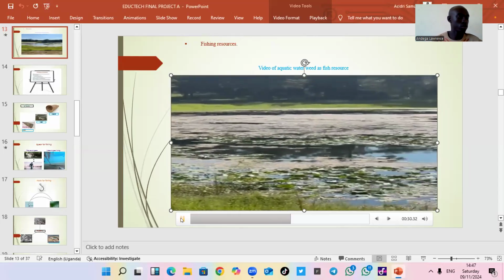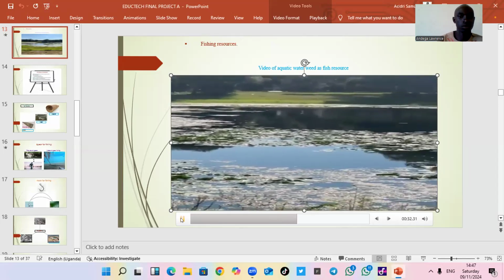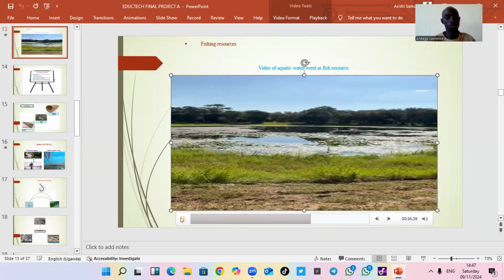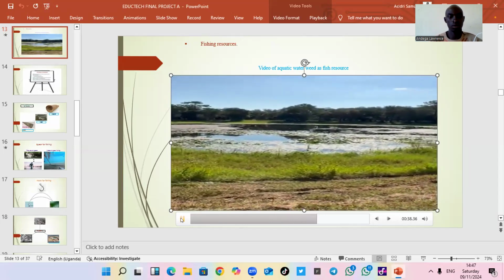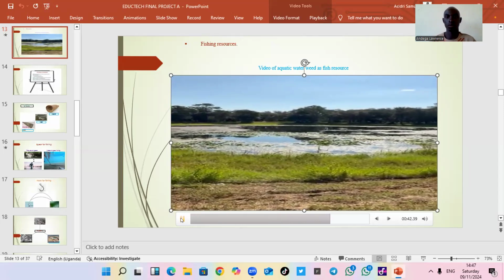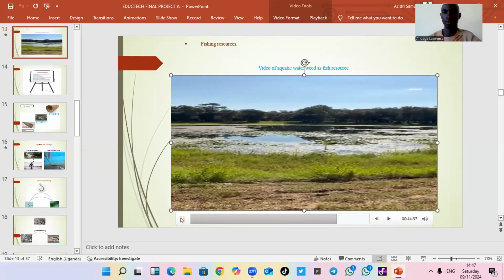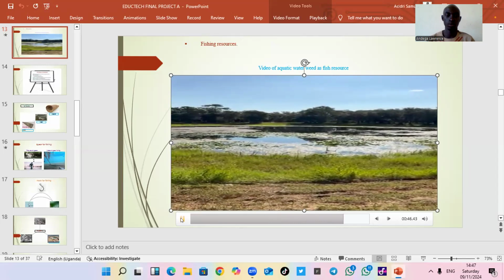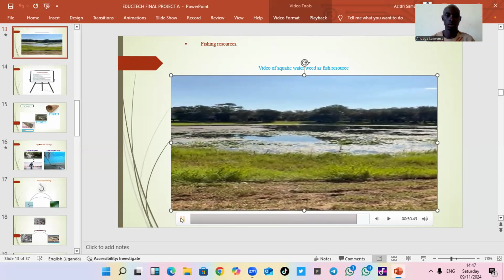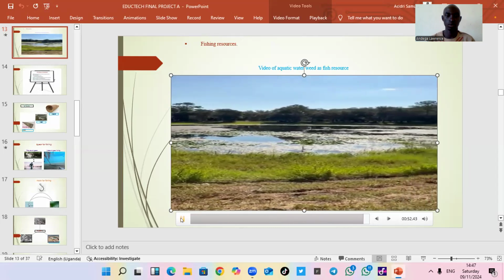But I've seen this one really covered in lilies, and that's a problem because the surface is being blocked. The light is being blocked at the surface. That light is important to the plankton. So when you shade the pond like this, you're shading the base of the food chain. You're decreasing the amount of plankton, which decreases the amount of larval fish, decreases the whole system.